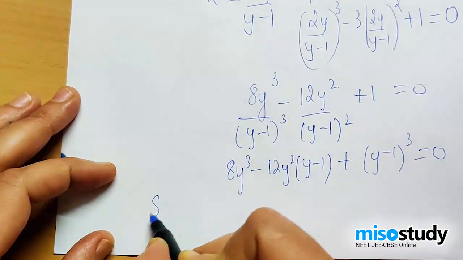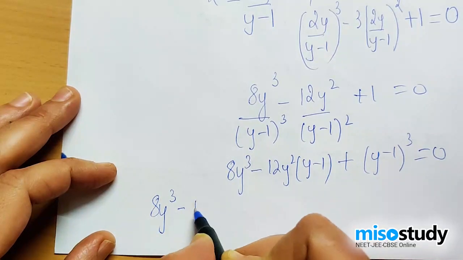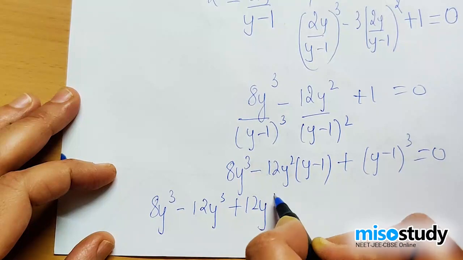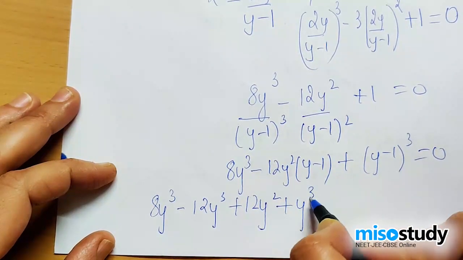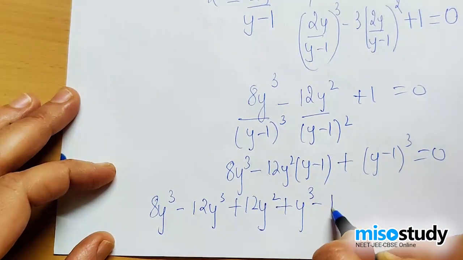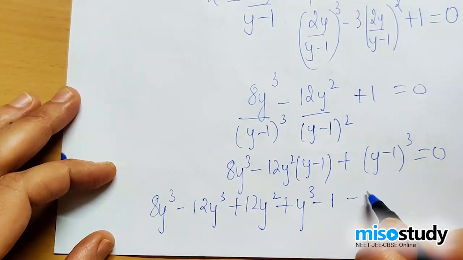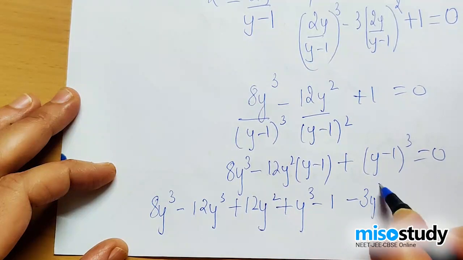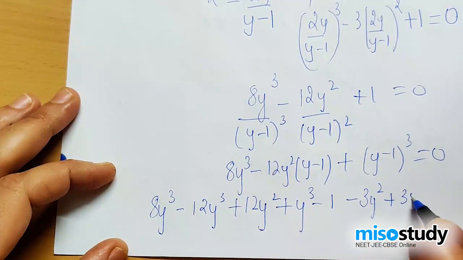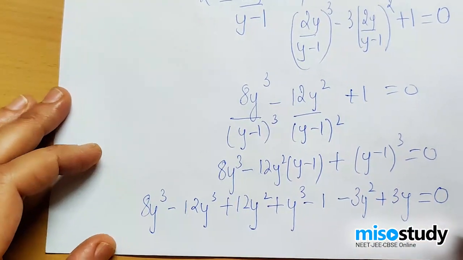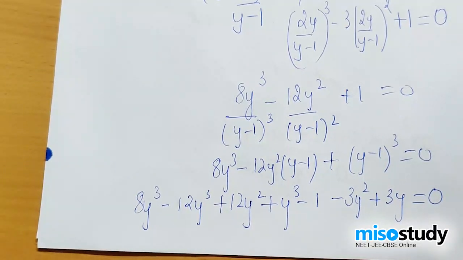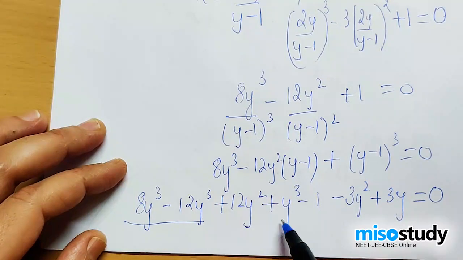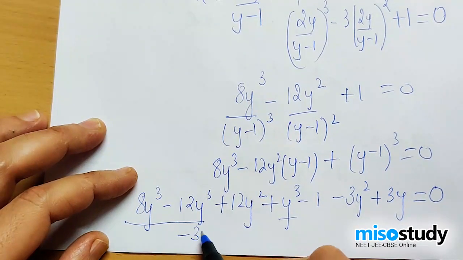I will have 8y cube minus 12y cube plus 12y squared plus y cube minus 1 minus 3y, y minus 1, that would be 3y squared plus 3y, equals 0. On solving, I will have 8y minus 12y, that is minus 4y, and this y minus 3y cube.